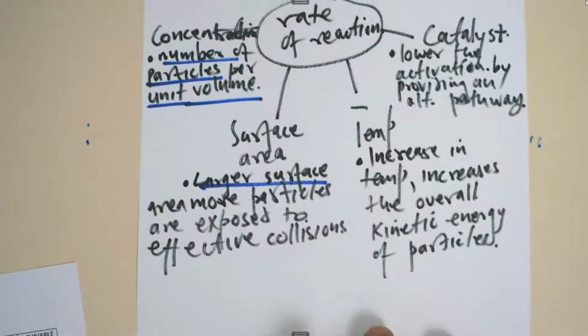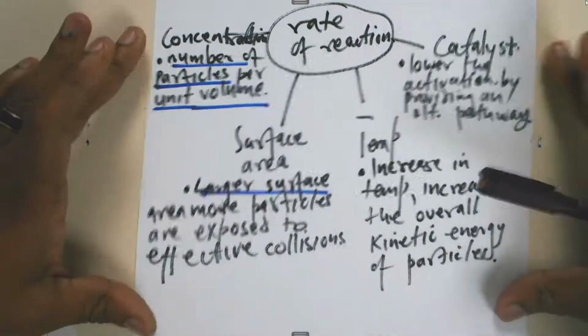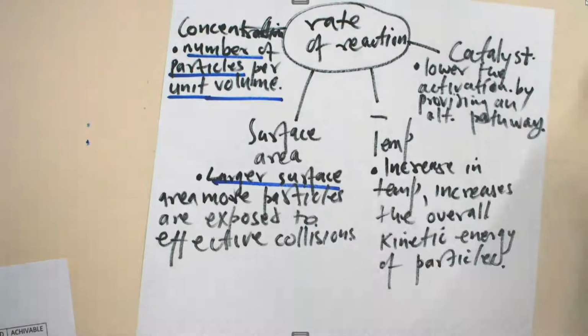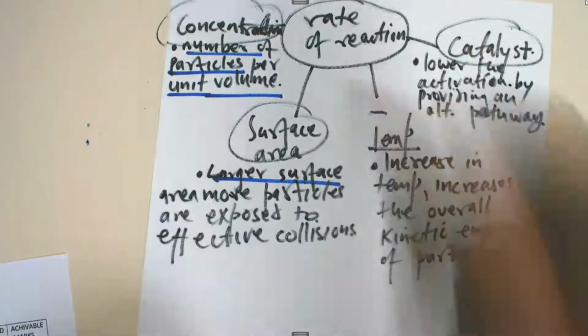So once this is in place, it becomes easy for me to develop a strategy of how to answer the questions. Because every question that says now use the collision theory to explain how a catalyst or how temperature influences the rate of reaction will be easy, because I know exactly how each and every one of these influences the rate of reaction.